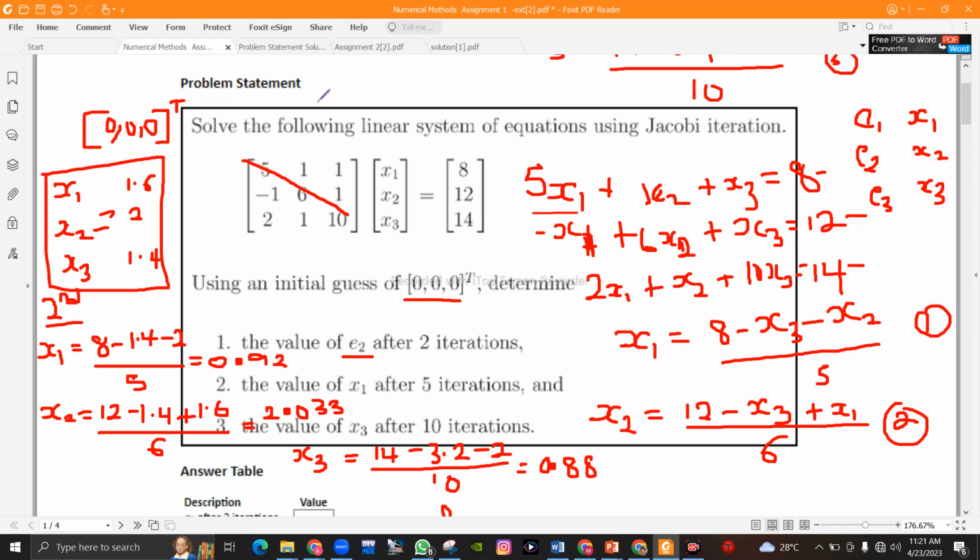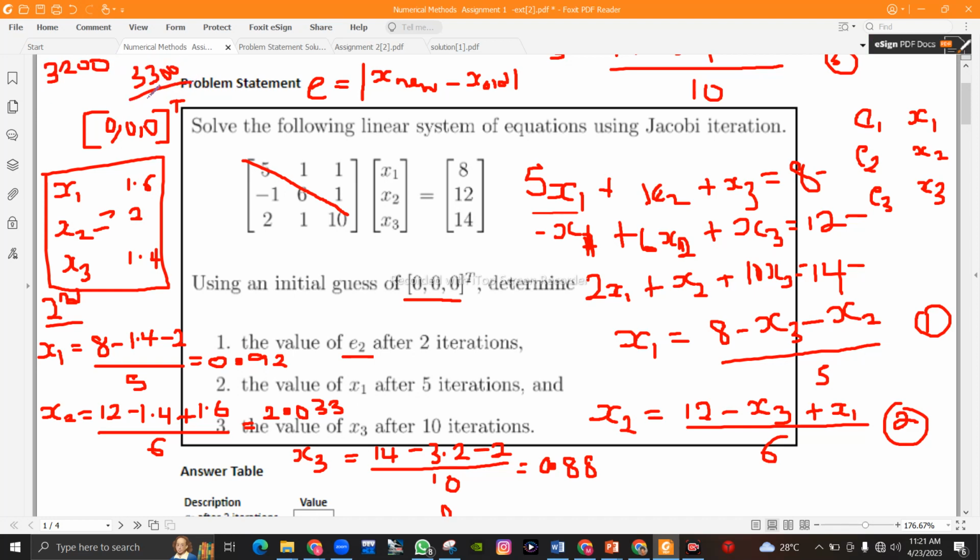Now, your error, generally in mathematics, is the magnitude of your new value, x new, minus the old value, x old. That's the meaning of error in mathematics. It's as if you went to the market to buy a turkey, and the price is 3.2, and you paid 3.1. Then there's an error. What's your error?